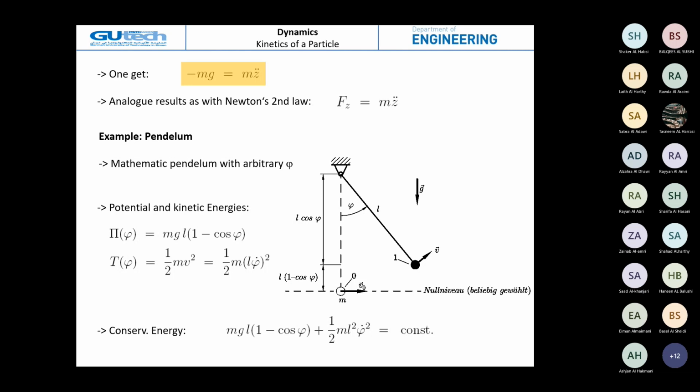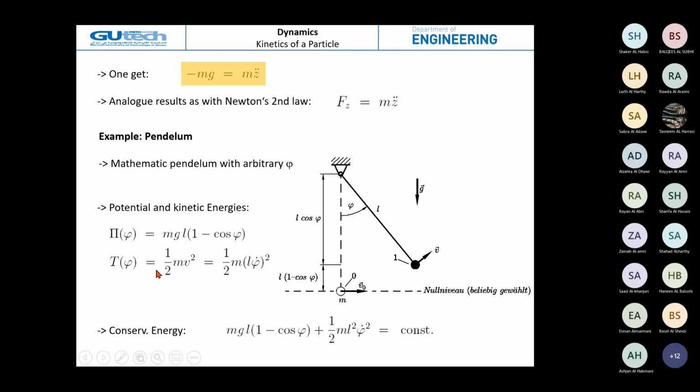This part here is only L cosine phi, so this part is L minus L cosine phi. This is the covered distance of the mass or the particle M to the zero level.